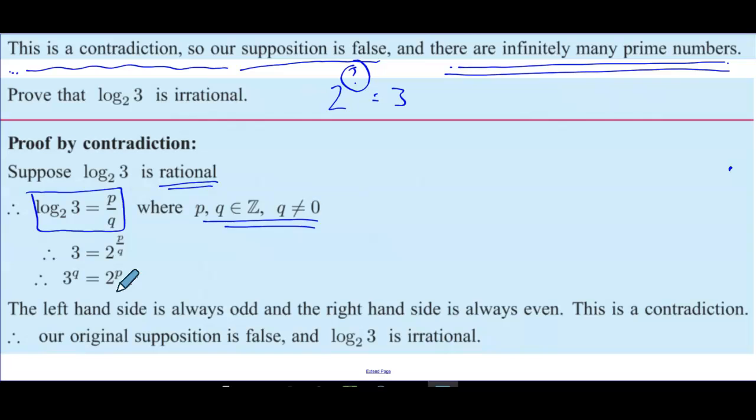An even times an even will always be an even. So the fact that that side is odd and that side is even means there's no way those can equal. Therefore, we've reached a contradiction. That means that supposition doesn't work. So what is the opposite? The opposite is this, and we're good to go. Strange. It's like a weird new pair of shoes. You got to try them on, walk them around for a while.